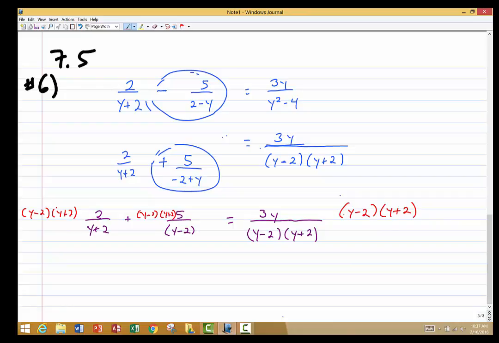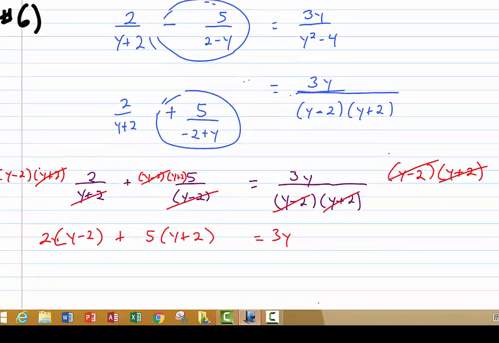So when I do that, the left side cancels, that cancels with that, so leaving me on the right side 3y. On the left side, the y plus 2 and the y plus 2 cancel out, leaving me with 2 times the quantity of y minus 2. And over here, the y minus 2 and the y minus 2 cancel out, leaving me with 5 times the quantity of y plus 2.